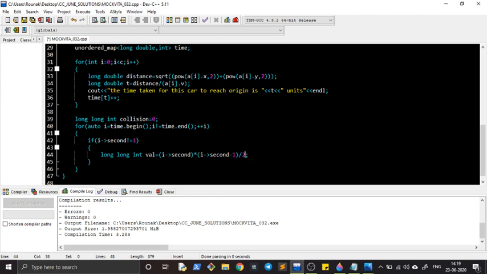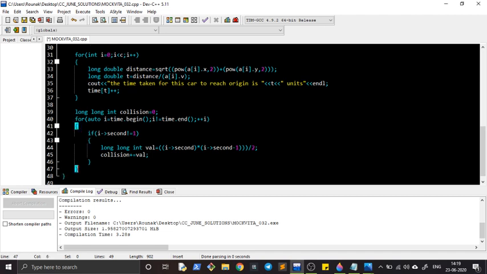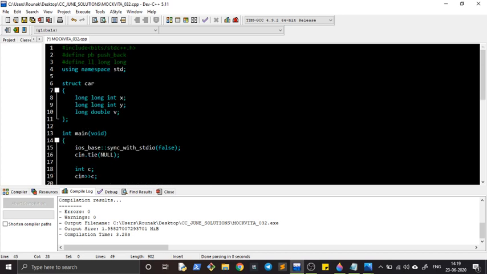We'll keep this inside another bracket, divided by 2. So we will have the total collisions for each time interval. Now we will include this in our collision variable: collision plus equals val, and in this way we will get the total number of collisions. The question is pretty much solved.